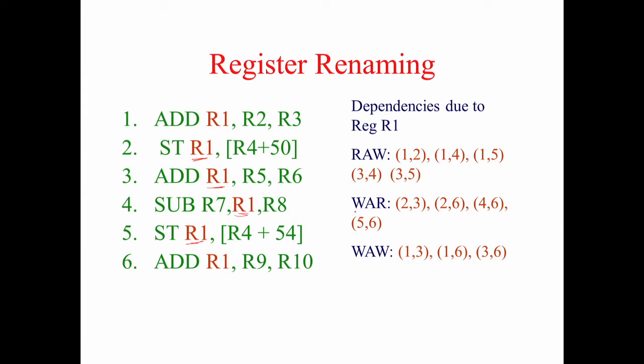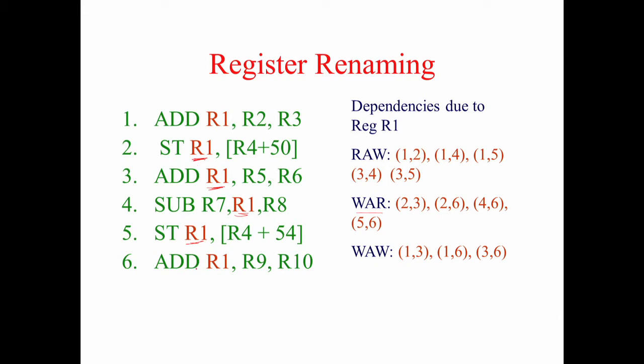Now, let us take write after read. What are write after reads? Between 2 and 3, there is a write after read, because store reads from R1 and stores in R4 plus 50, while add writes into R1 the sum of R5 plus R6.